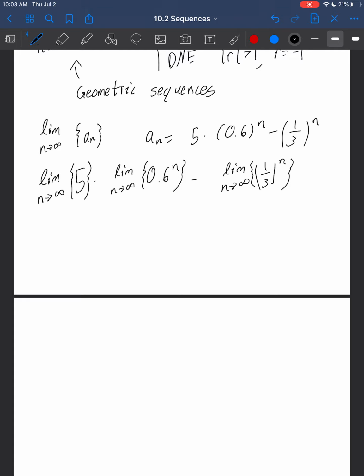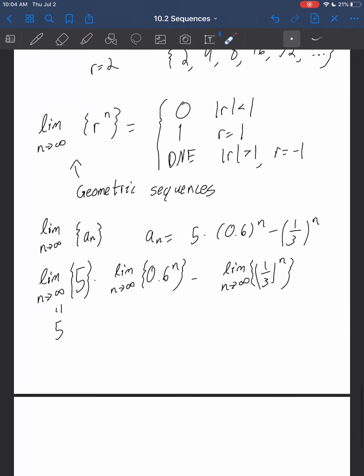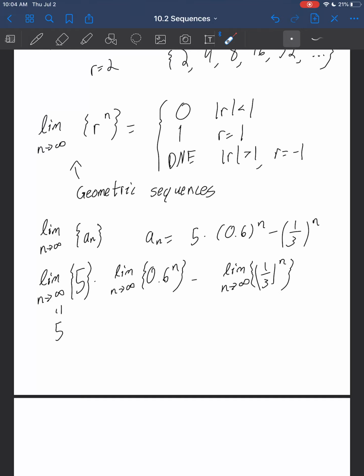Okay, so you have a bunch of 5s as your sequence. This is going to be 5. And then the other two are going to be geometric sequences, right? I'm raising some number to the nth power, so 0.6 or 1/3 to the nth power. And so we can use our previous result in order to say what this is going to be.